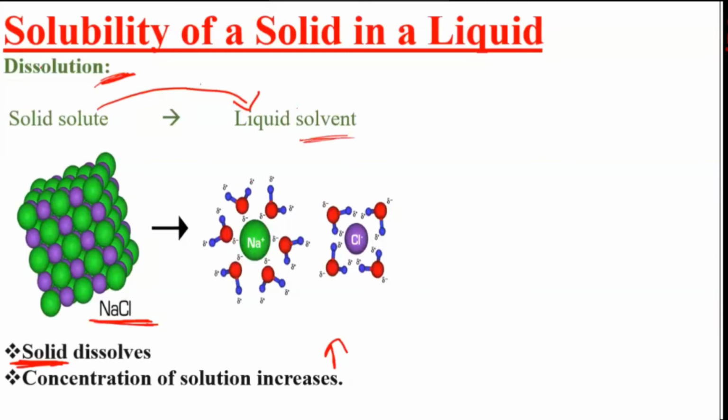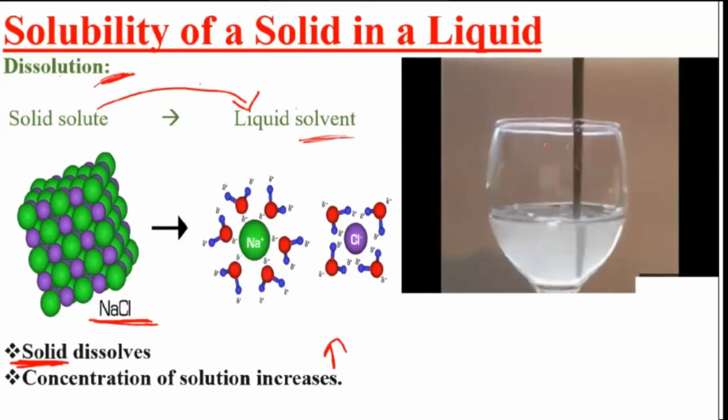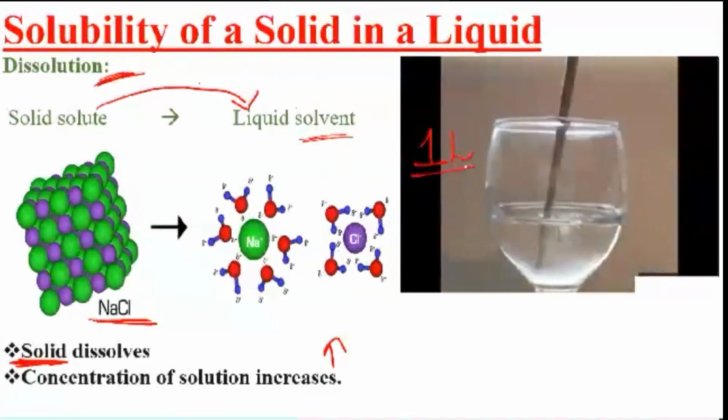So what is the difference between dissolution and solubility? In the dissolution process, you have just taken the solute and added it to the solvent, and they get dissolved. But solubility means you take a specified amount, like 1 liter of the solvent, and find how much of the solute gets dissolved.